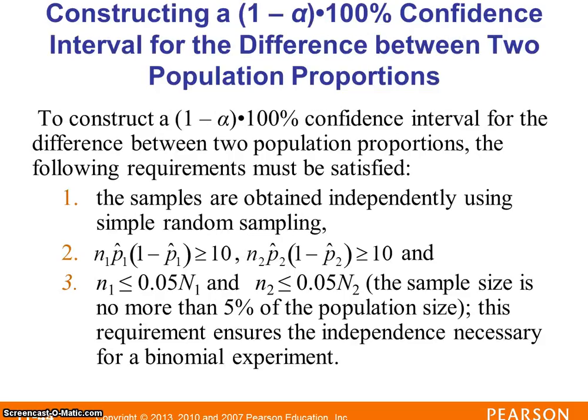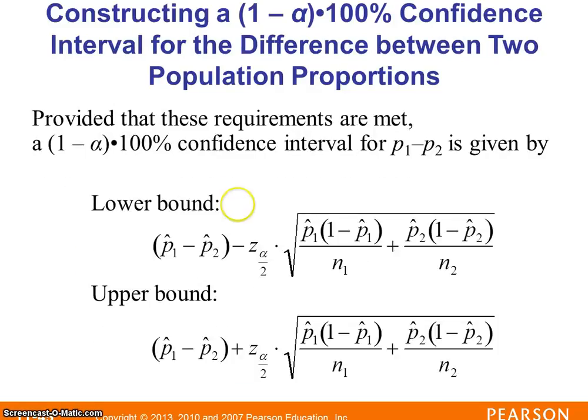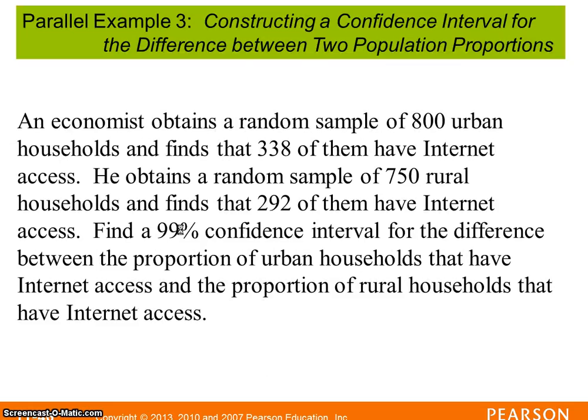To construct a confidence interval in this case, again the conditions have to be satisfied, and you basically have the difference in the two sample proportions plus or minus z alpha over 2 times this formula. This will be very similar to the formula for the statistic here.